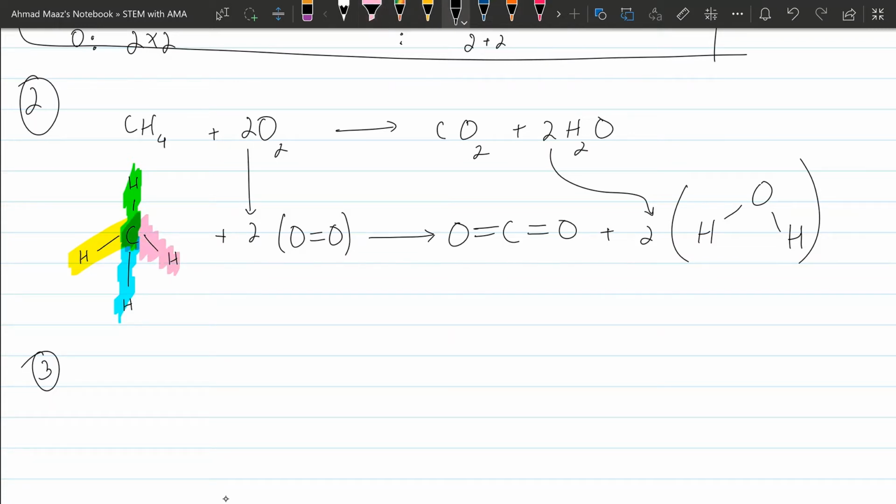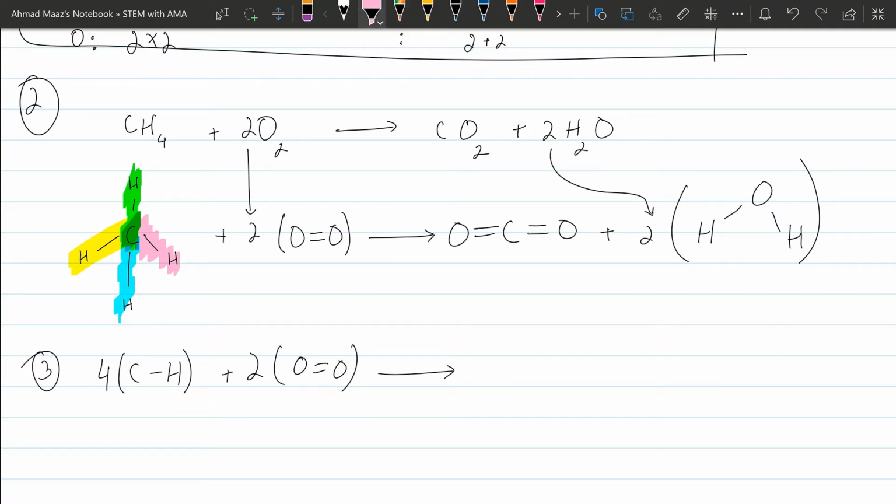So we have a total of 4 carbon hydrogen bonds. We identified the bonds and then we counted them. 4 carbon hydrogen bonds, and then we have 2 oxygen bonds. No difficulty in identifying or counting these bonds.